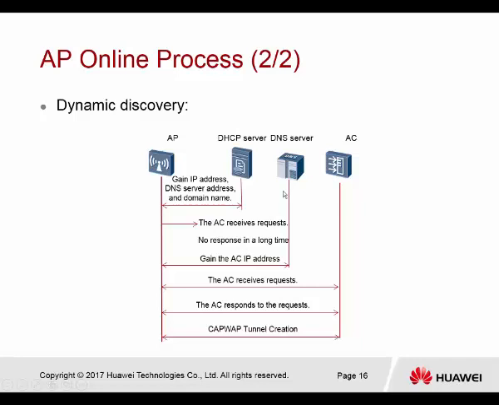If there is no DNS server that can tell where the AC is, no problem. The AP will still be able to send a broadcast and find the controller as long as they belong to the same network. After the AC responds back to the AP, they will form the CAPWAP tunnel.